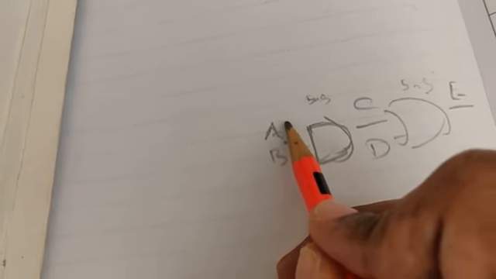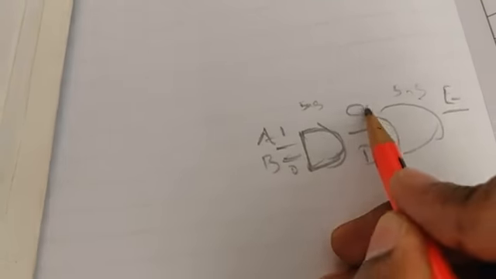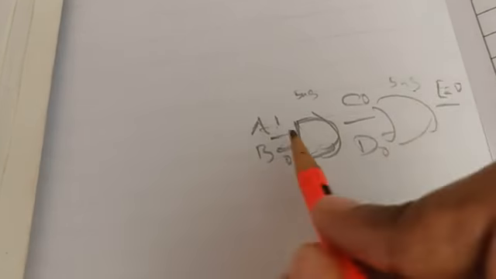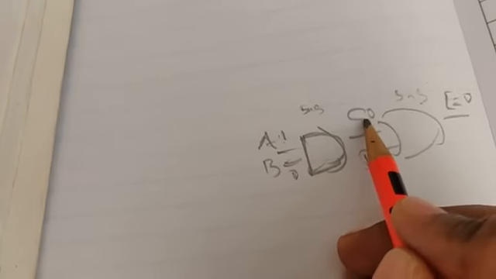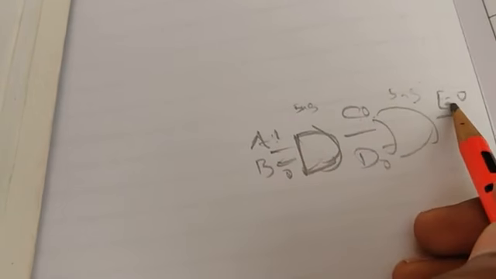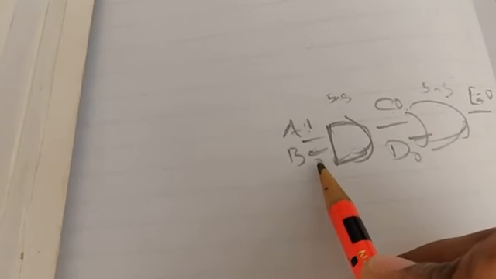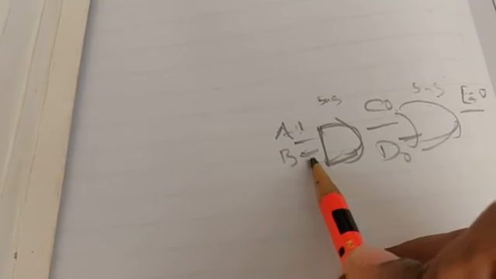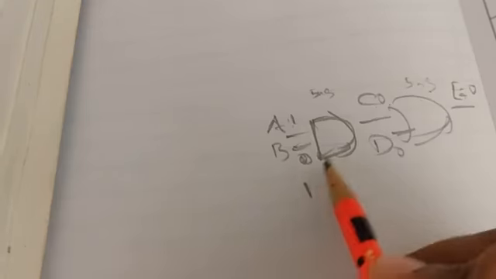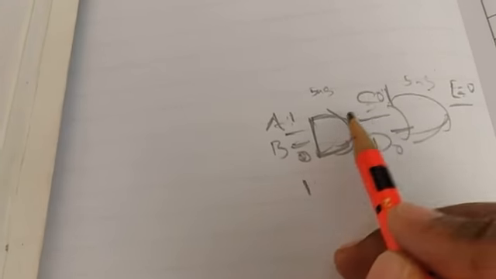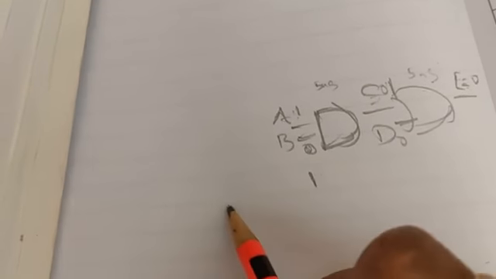Let me assume this is 1, this is 0, and this is 0, and finally it will be 0. 1 and 0 in case of an AND gate is 0. So 0 OR 0 is 0, OR gate, right? Suppose I change B from 0 to 1. Then 1 and 1 will make C 1. B will change from 0 to 1 in 0 nanoseconds.